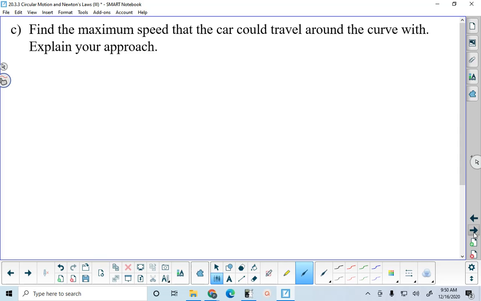What we do is we say that that centripetal net force can only be as big as the force due to friction. In fact, what I've said here is where we started. The centripetal force is the force of friction. We don't need absolute value signs here, but I'm going to put them anyway. We don't need them because those two forces are the same.